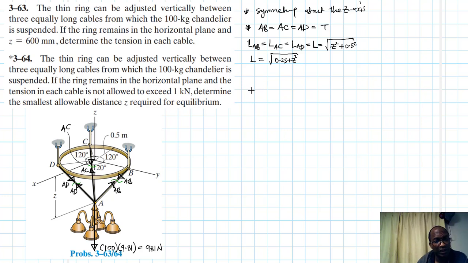Let's now find the components of this particular force. Of course, we're interested in the vertical components. Let's start with AB. We don't have a component along the x-axis because AB is in the y component.